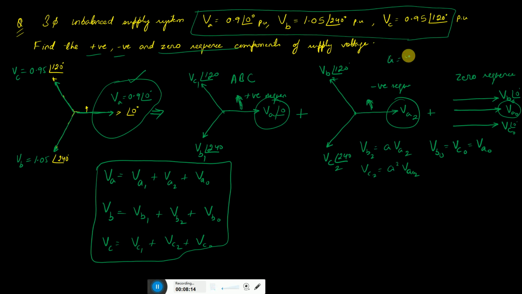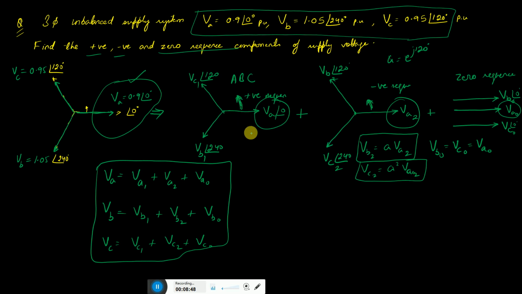A is e to the power j120 degrees, or rotating anti-clockwise by 120 degrees. We get the value of VB2 if we rotate VA2 by an angle of 120 degrees. That is why VB2 is A times VA2. We rotate VA2 by 240 degrees, and then we can write VC2 is equal to A square times VA2.